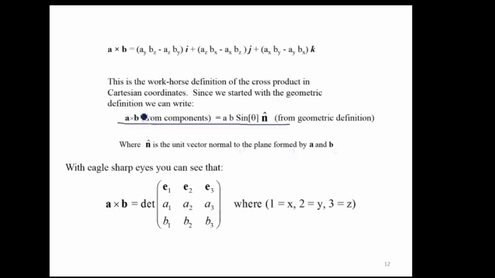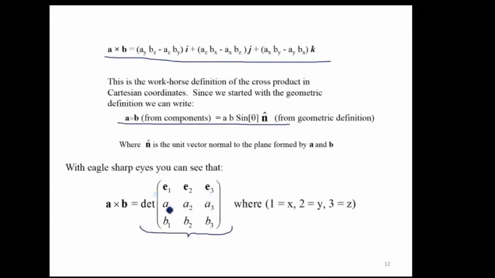Now if you go back to our brute force cross product here and change the x's, y's and z's to 1, 2, 3, and so on, you can show that this quantity here is equal to a determinant. So A cross B is equal to the determinant of this array. This would be x hat, y hat, z hat, or i, j, k.